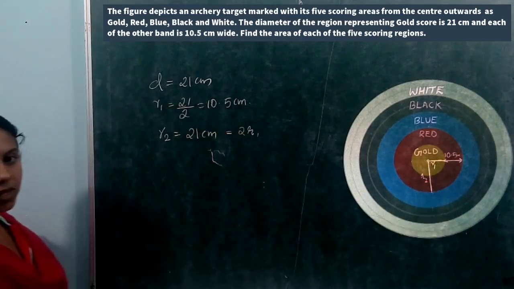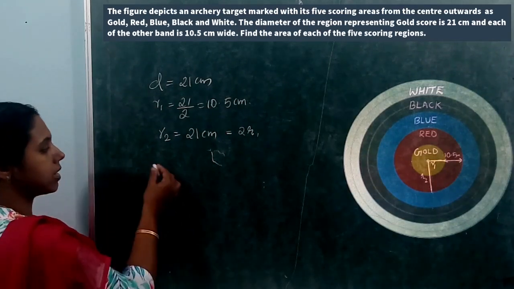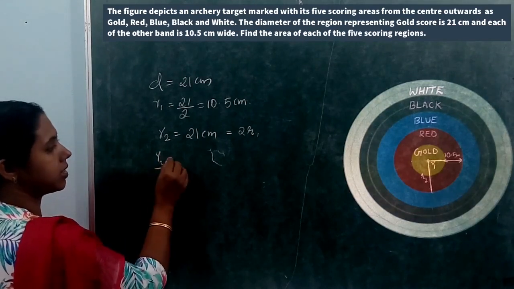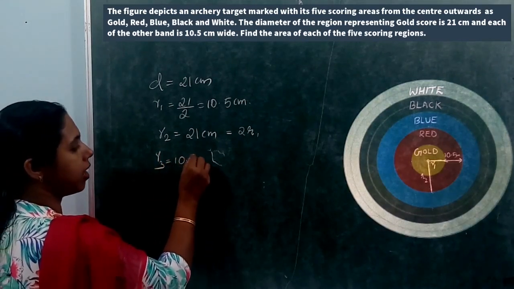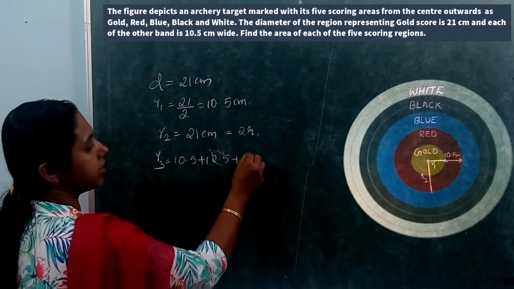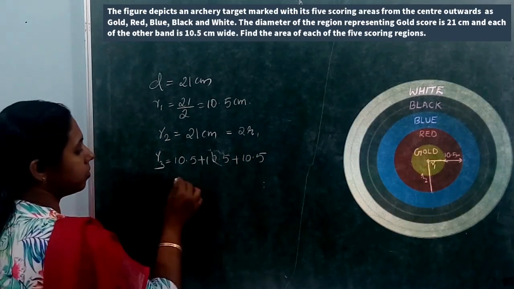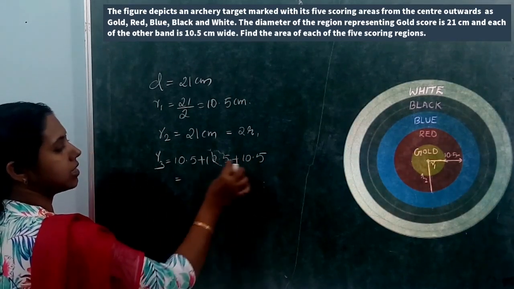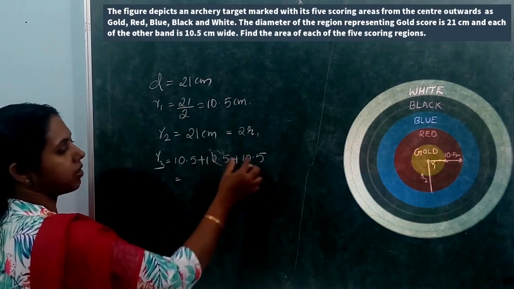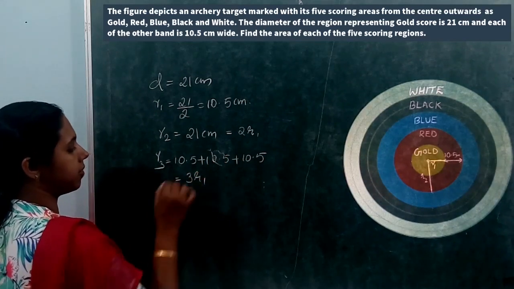So the radius of the region gold, red and blue, R3, is equal to 10.5 plus 10.5 plus 10.5, that is equal to 3 times R1. R1 plus R1 plus R1 is equal to 3R1.